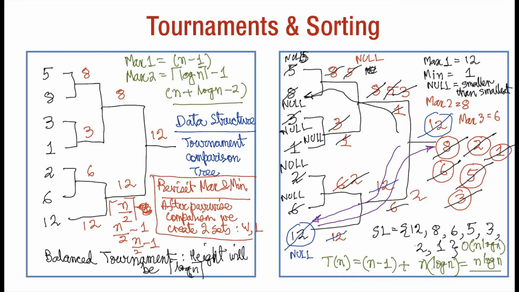We will get what is an approximately n log n algorithm, or n minus 1 plus n log n algorithm for sorting, which is one of the top best sorting algorithms.